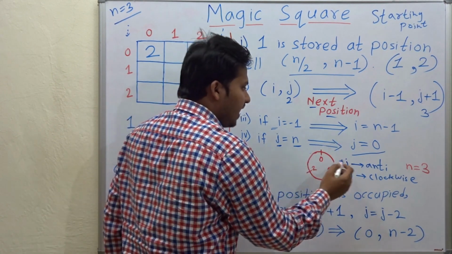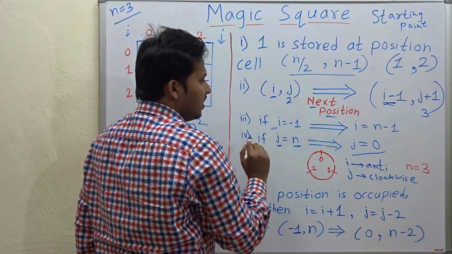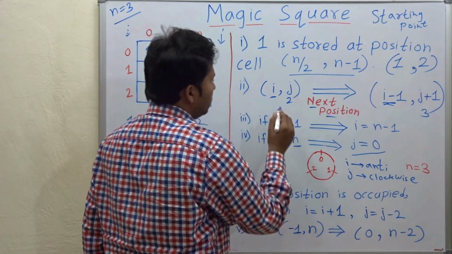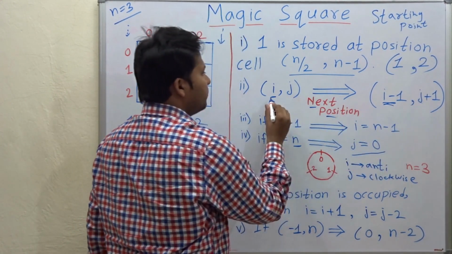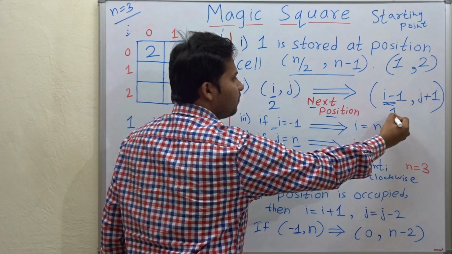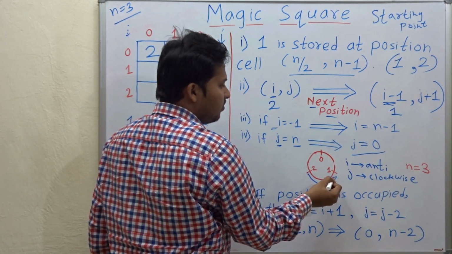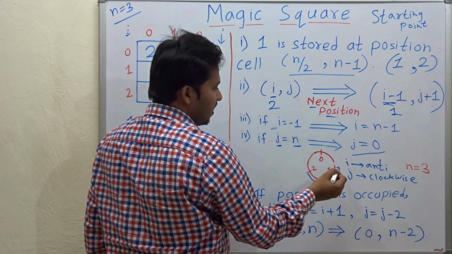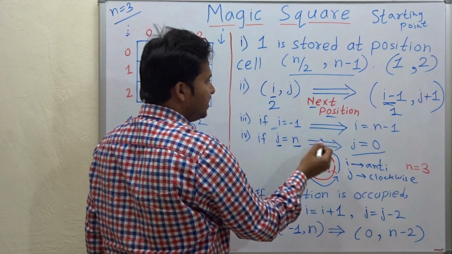Now let's see for i. As it is decrementing, suppose i is 2, then the next value will be 1. Then if i is 1, the next value will be 0.